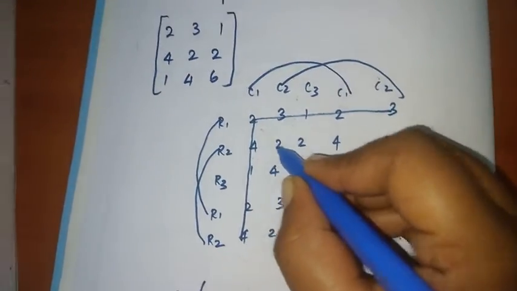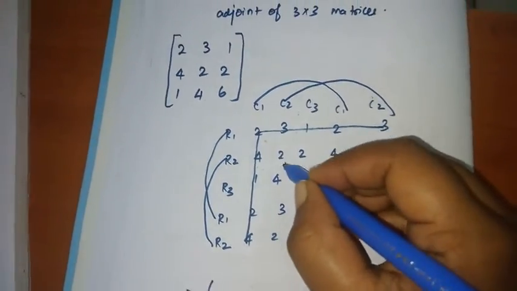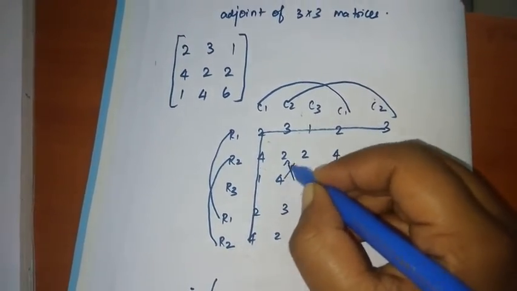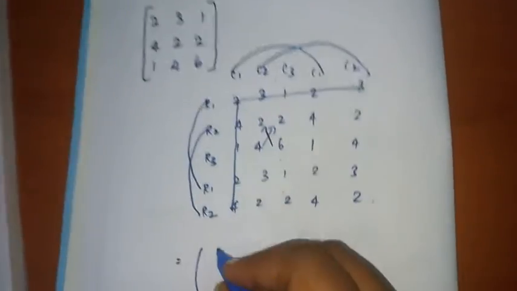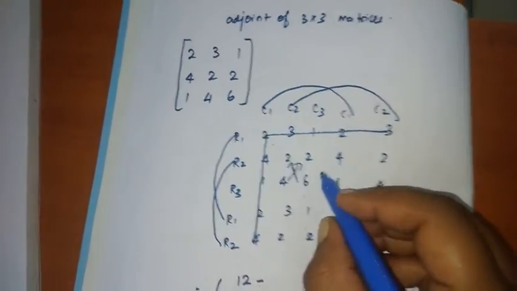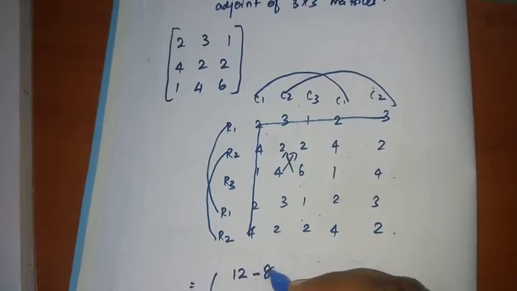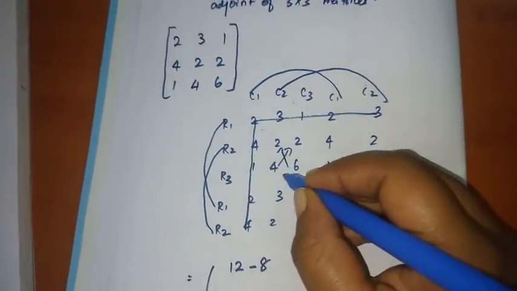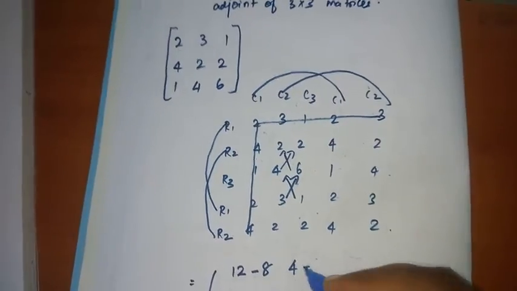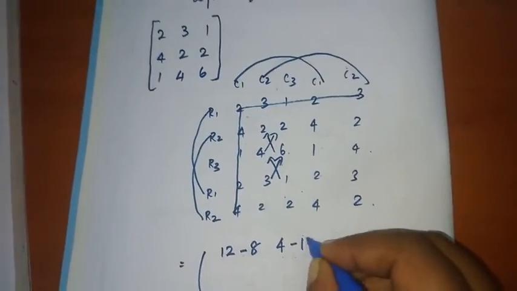Then how do we calculate? Here we have 2, 2, 4, 6. As when finding the determinant, we cross multiply. 6 2s are 12, minus sign will come in between, 4 2s are 8. Then 4 6 3 1, we cross multiply. 1 4s are 4, minus, 6 3s are 18.